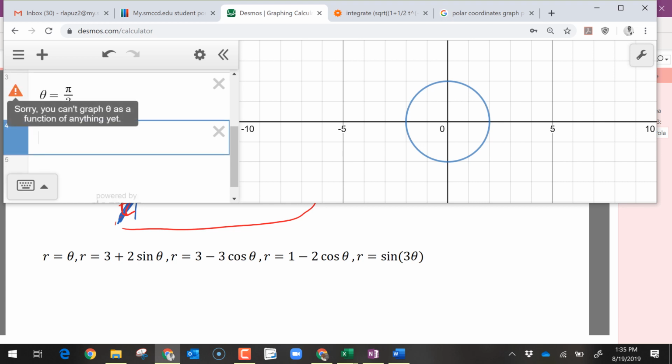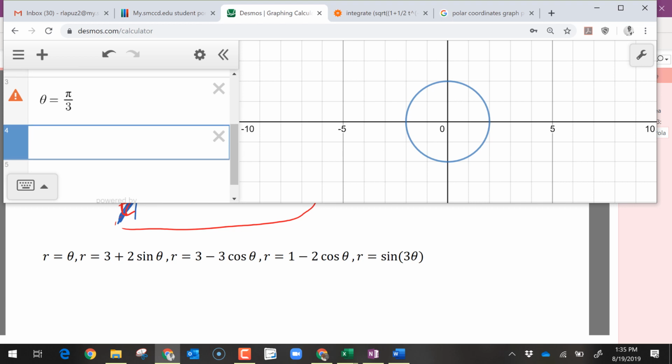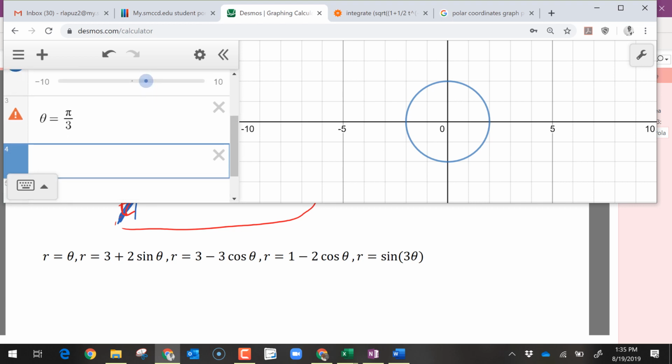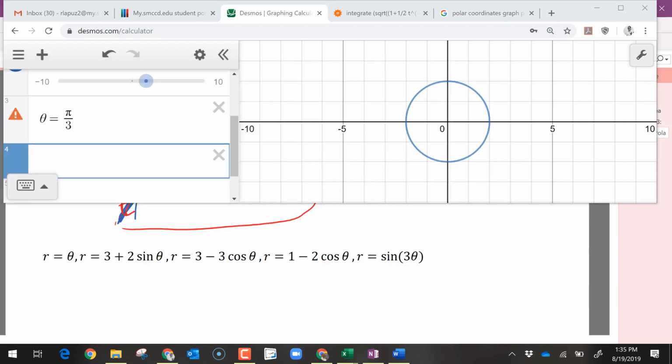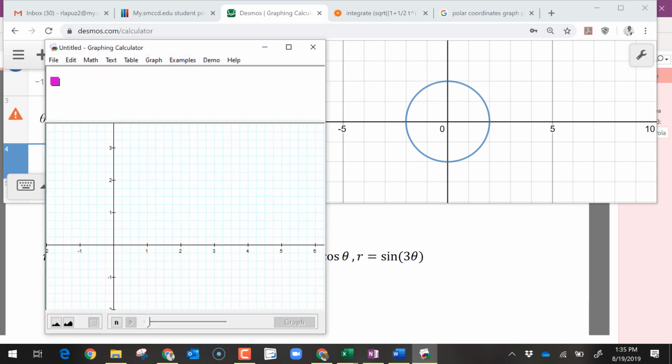Oh, it doesn't want to graph it. I thought it was going to graph it. Is there a polar coordinate function in Desmos?